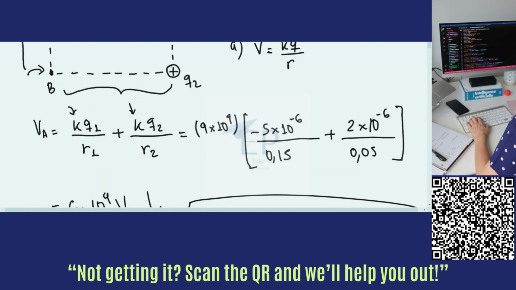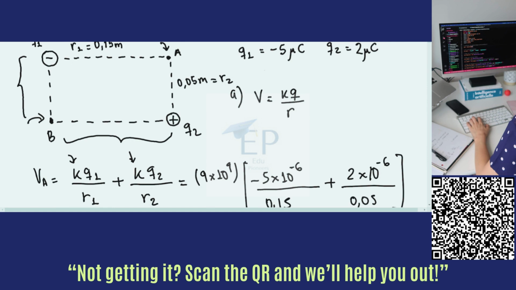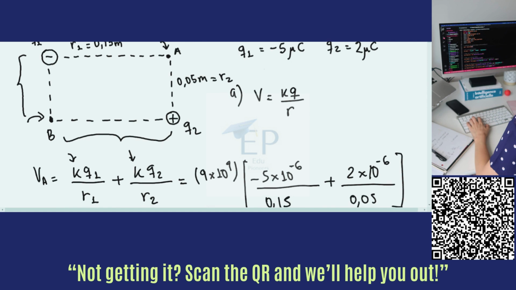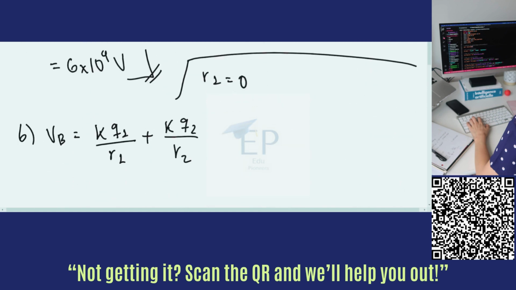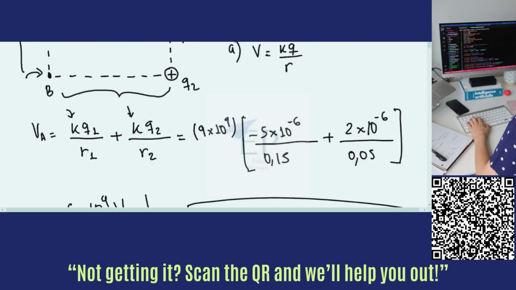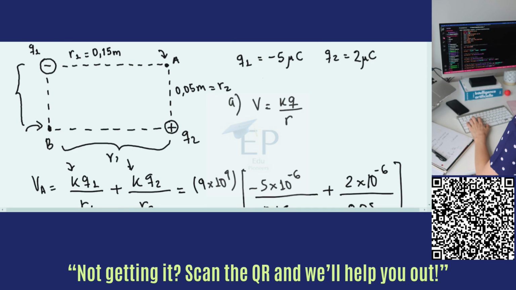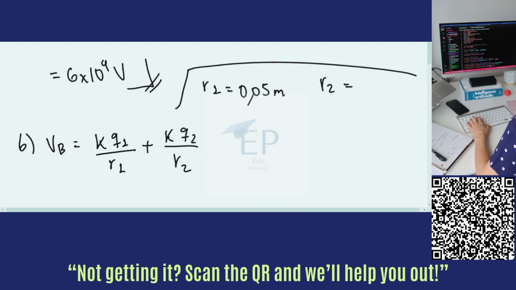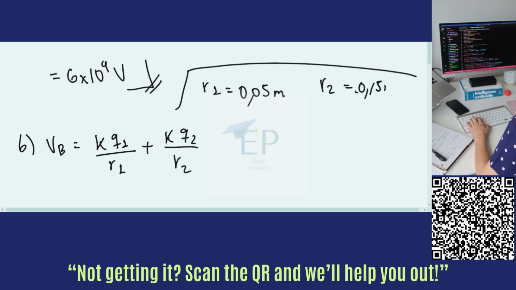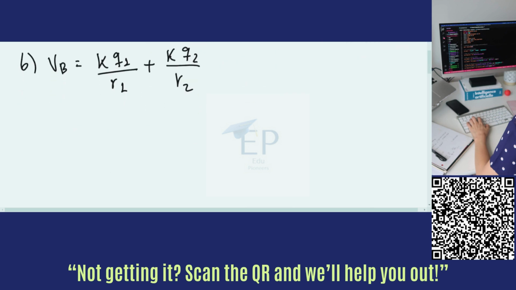R1, the distance to Q1, is 0.05 meters, and for R2 we have 0.15 meters. Once we have this, the others are just the same as before: 9 times 10 to the 9 for the Coulomb's constant, and the charges are the same.